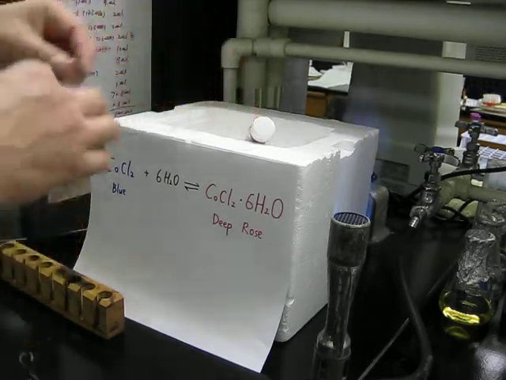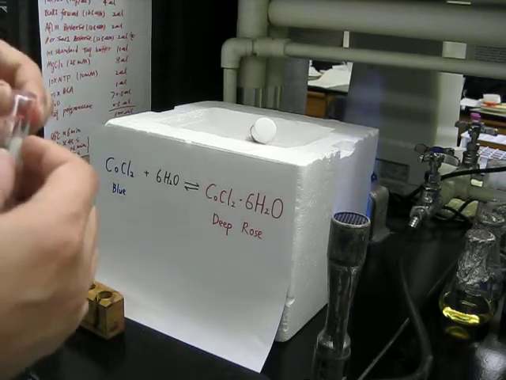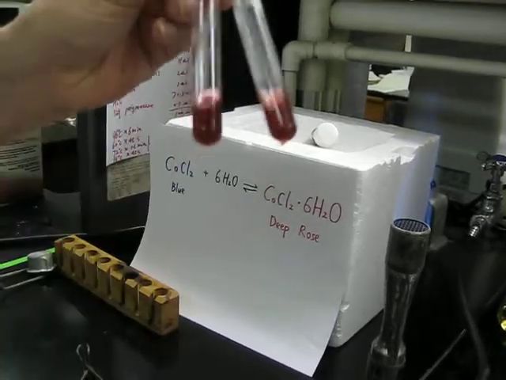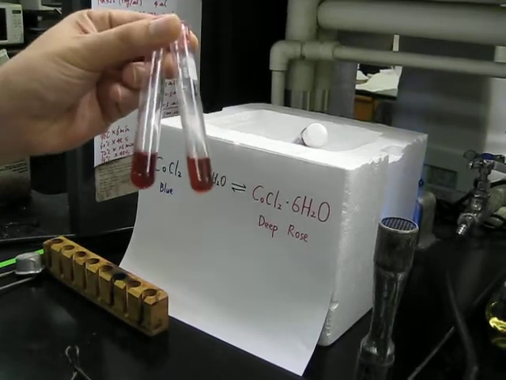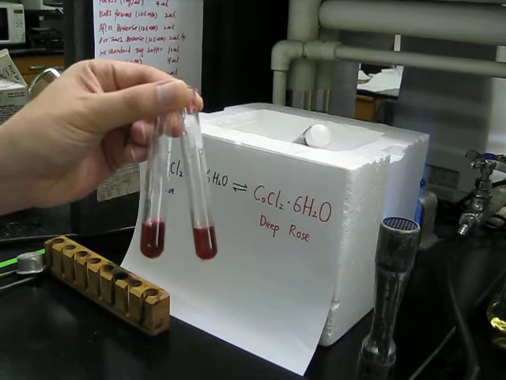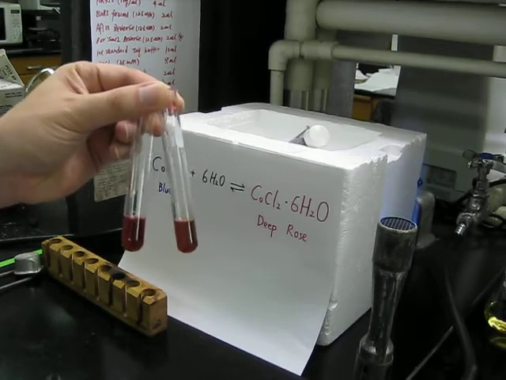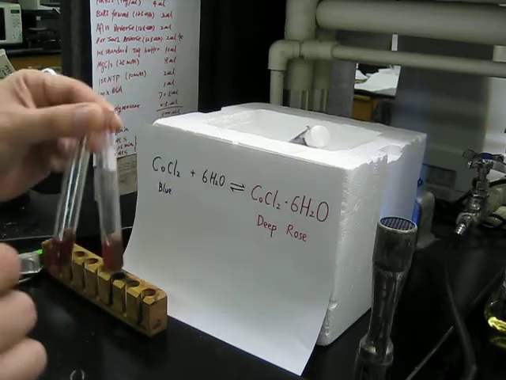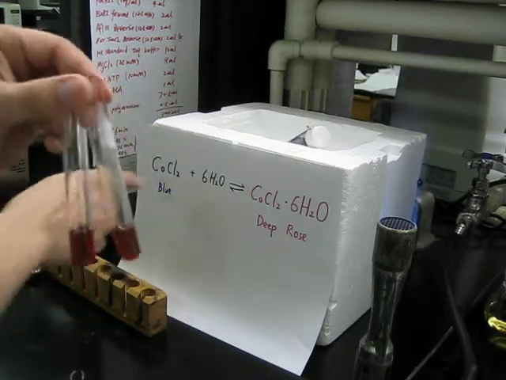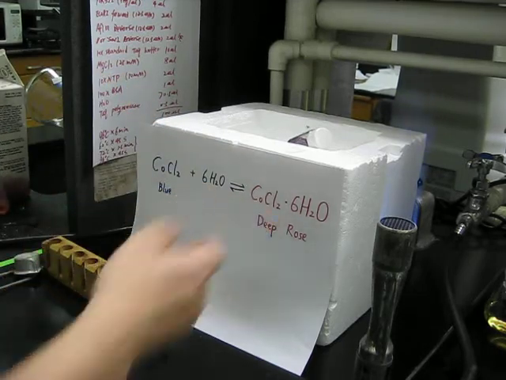This one, the tube here has been heated previously, but this one is no heat. So after I put in the ice, what you can see is that the blue color originally, after heating, changed back to the red color. So that means the reaction comes back from the cobalt chloride to the cobalt chloride with hydrate.